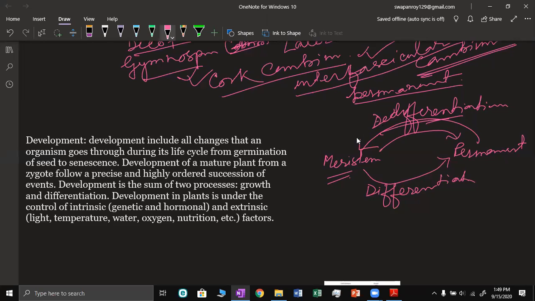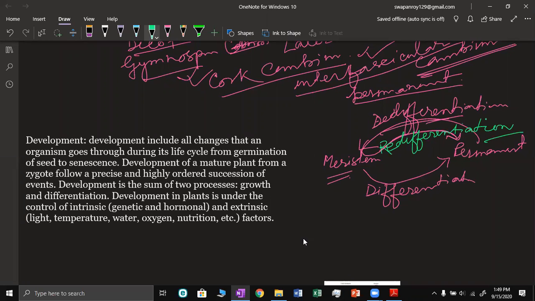This de-differentiated one can change into permanent tissue. Okay, and this is again differentiation, so it is re-differentiation.